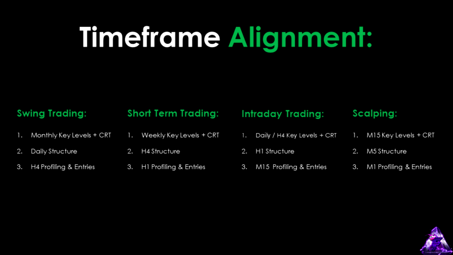Finally, the lower time frame for swing trading is the 4-hour chart, which will be used for market profiling and identifying entry points. In swing trading, these are the primary timeframes necessary to conduct a comprehensive top-down analysis. By following this approach, you can structure your analysis effectively as a swing trader.